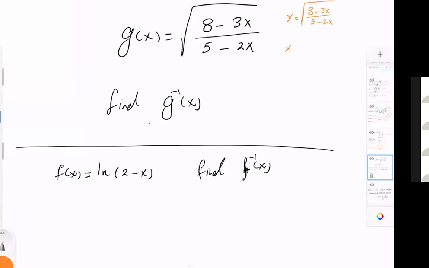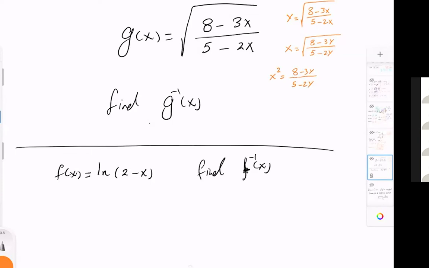We're going to switch x and y. X equals radical of 8 minus 3y over 5 minus 2y. Then we're going to square both sides. We get x squared equals 8 minus 3y over 5 minus 2y.